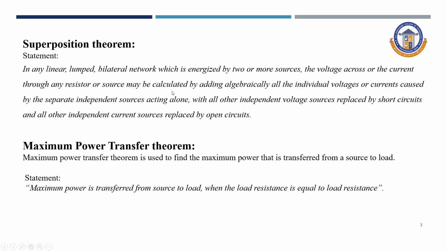That is, if three sources act simultaneously, your load gives some response. We measure that response by activating one source at a time. If I activate the first source, I measure the response at the load. Then the second source acting alone, what is the response.